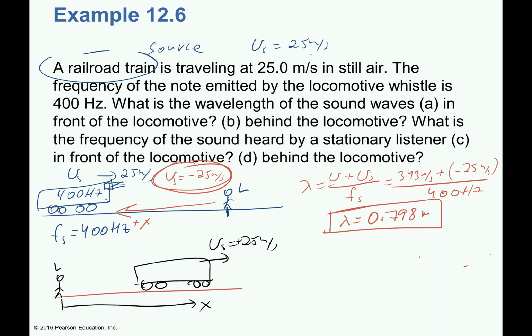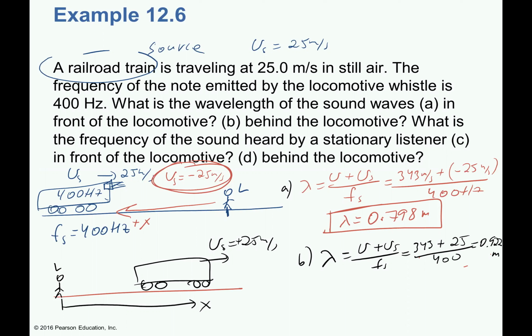So this is part A, this is part B. Lambda is equal to V plus Vs over f of s, which is the general equation. So 343 plus 25 divided by 400, and in this case, we're going to get 0.922 meters.